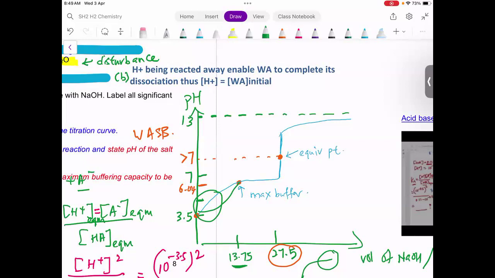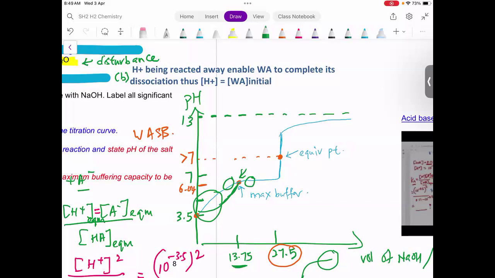Can you explain why you draw it this way? This is your buffer region. By right, as it approaches the max buffer, the change in pH should slow down. That's why I draw it this way. This is where your max buffer is, so the change around here should be minimal. But when you draw it this way, it suggests the change is more drastic when nearing the max buffer, so it doesn't make sense.